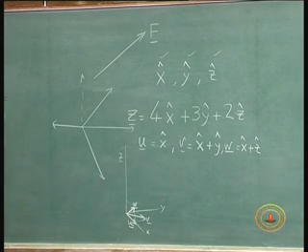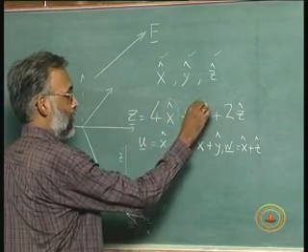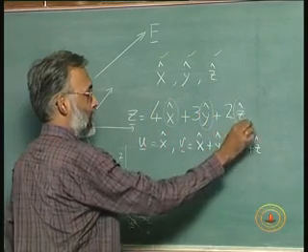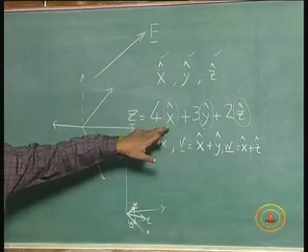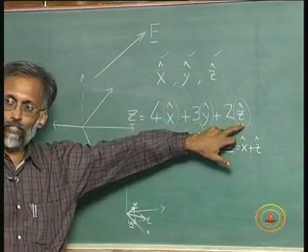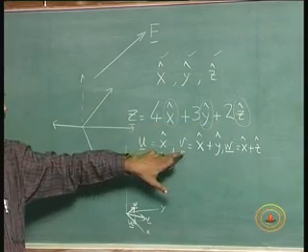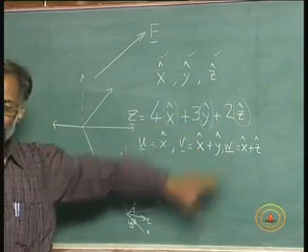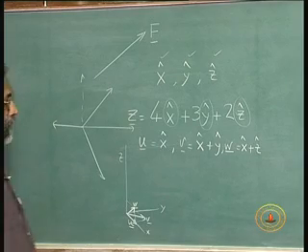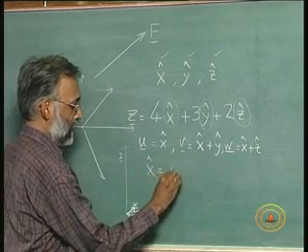Well, what I do is I try to figure out what these 3 vectors, unit vector along x, unit vector along y and unit vector along z, what these are in terms of u, v and w. So, what are they? Well, x is easy, x hat is nothing but u itself.